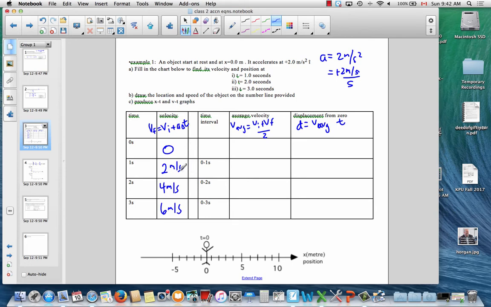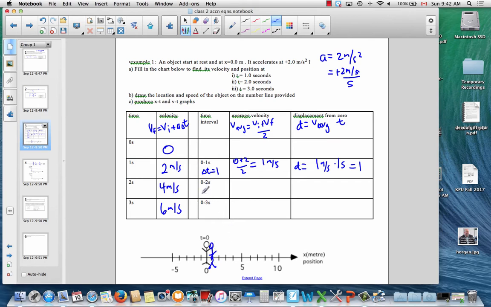So between 0 and 1, the average velocity is just the average of 0 and 2, which is 1 meter per second. Now that's a time interval of 1 second, right? So if you're doing an average of 1 meter per second for a second, that is 1 meter of displacement. So we went over 1 meter, located right there.